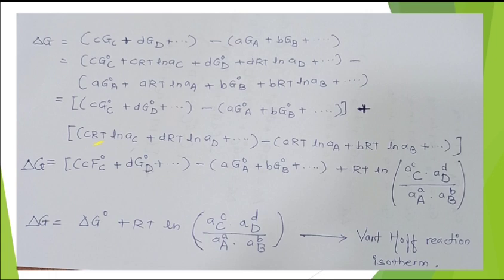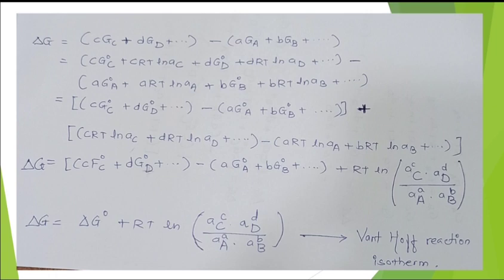In all these equations, RT is common: here is RT and here is RT. So just write down RT into ln of, since each term contains ln, positive values divided by negative values. Activity of C and activity of D are taken in the upper part, and activity of A and activity of B are written here. So this is our equation of change in Gibbs free energy.